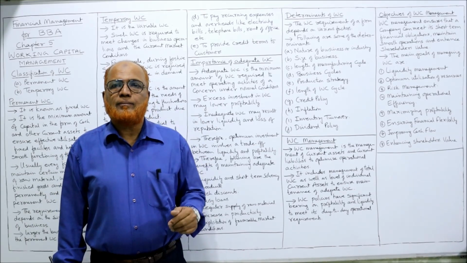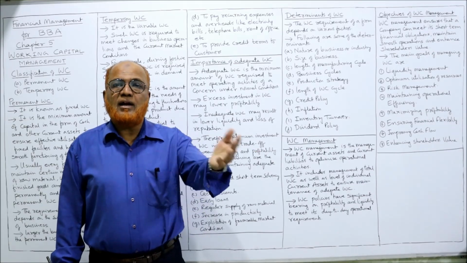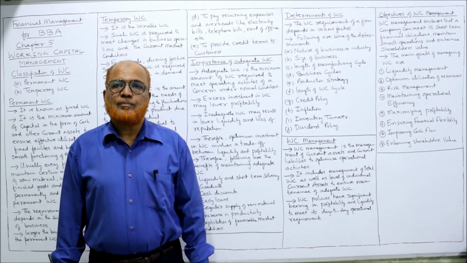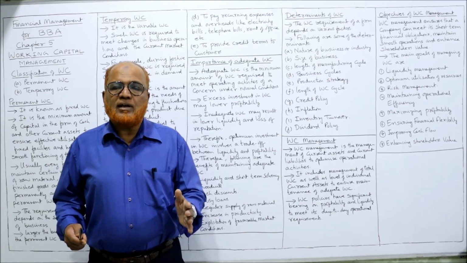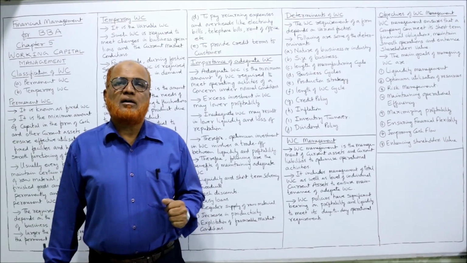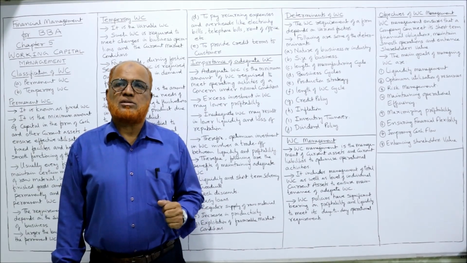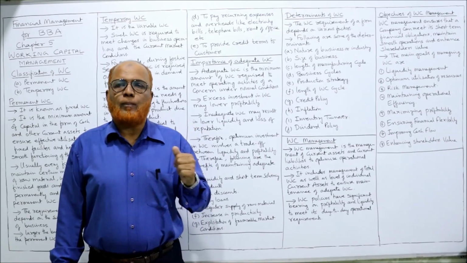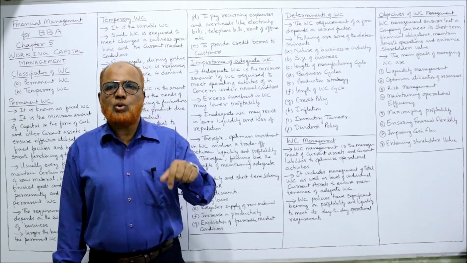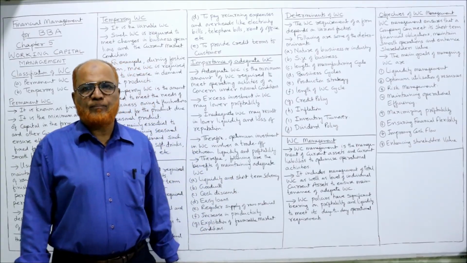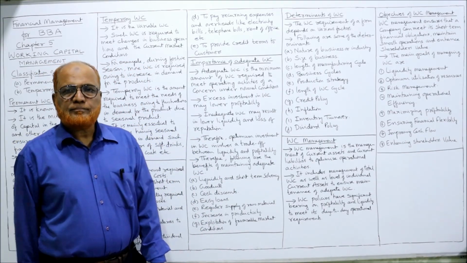We'll get it after 3 months. So the need of working capital is to make credit transactions. So these are a few cases which show the need of maintaining working capital.